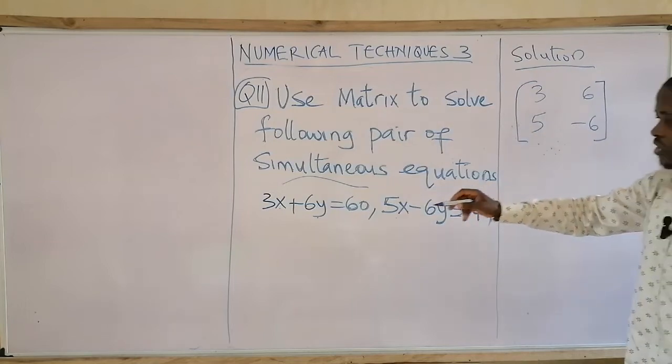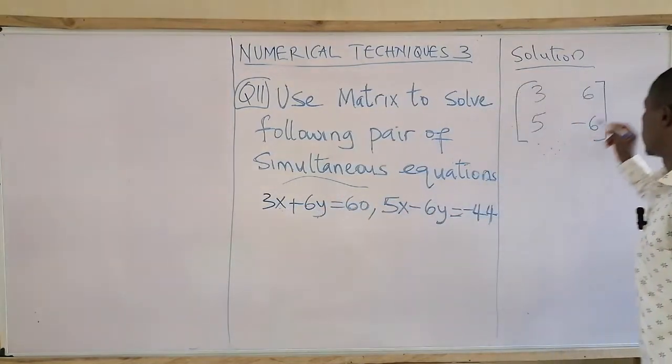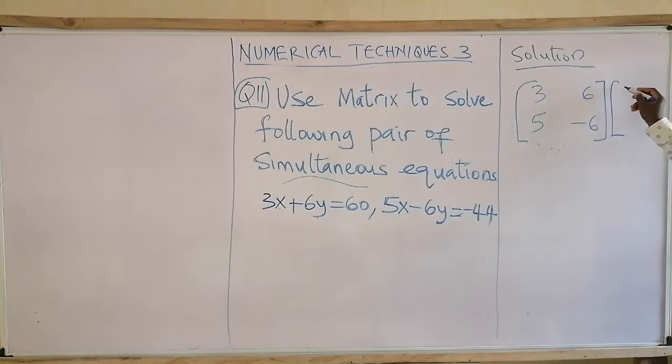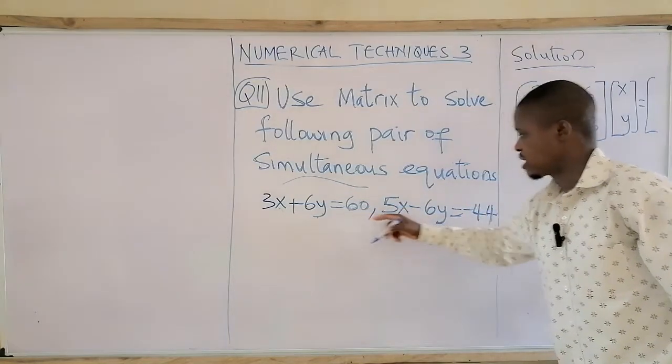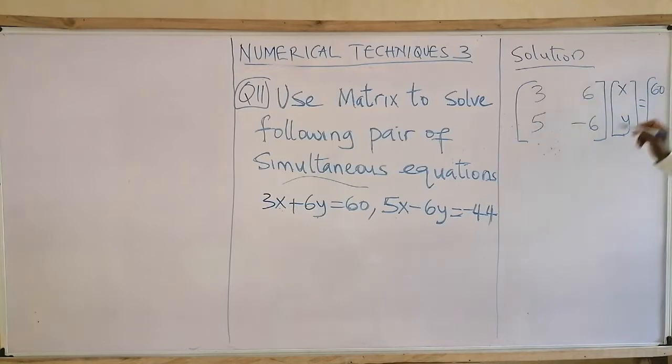Then the variables, x and y, you put by the side, x, y, equal to, what do you have here? The constants, 60 and minus 44. So we have succeeded in writing it in matrix form.